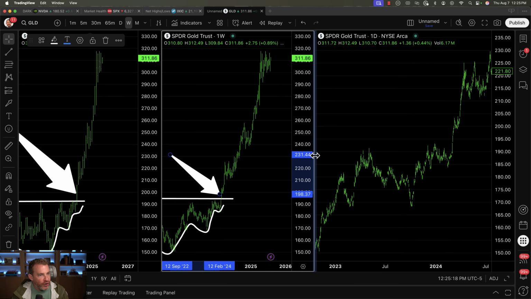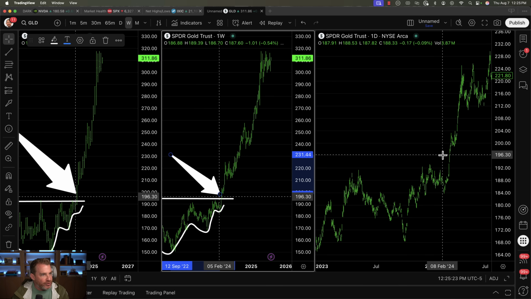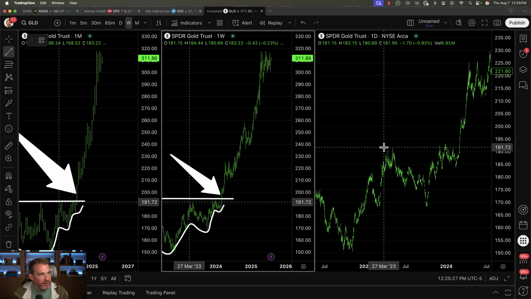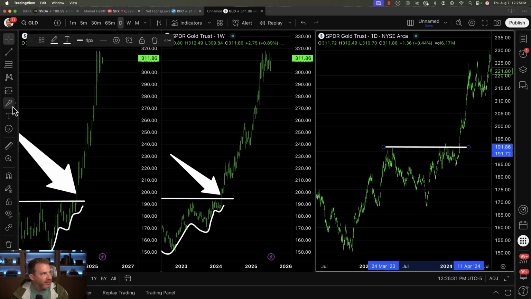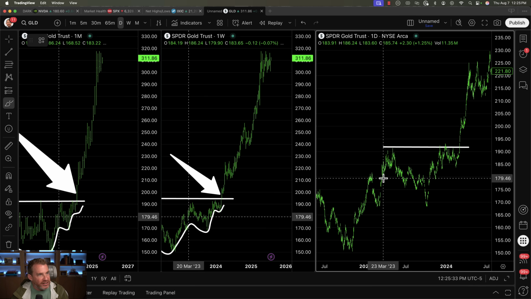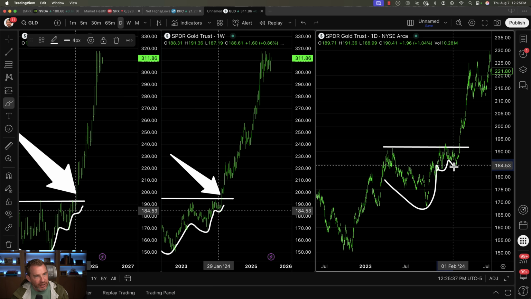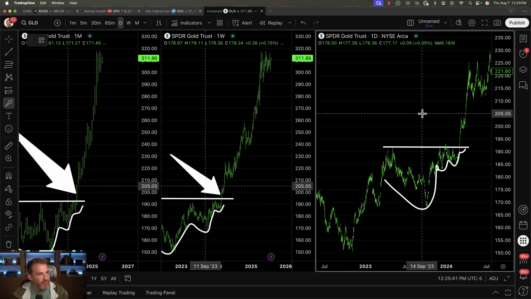You can go in even further on a daily chart. And again, we're going to go back to that time here, February 2024. And you see a very similar pattern here on the daily chart that formed over the last 10 to 12 months. Again, the pullback, shallowing, a little squirrely, shallowing up here, and then breaking out above that same level.